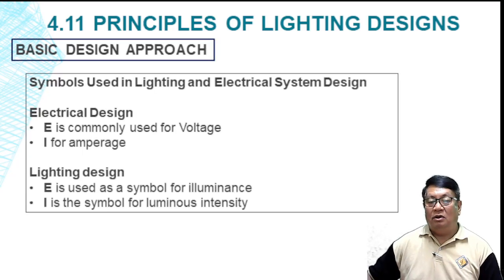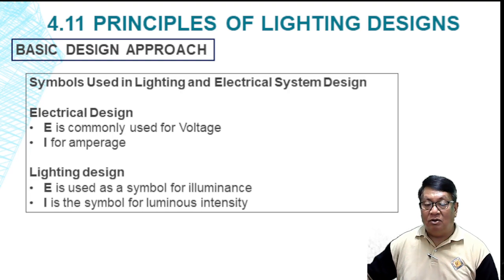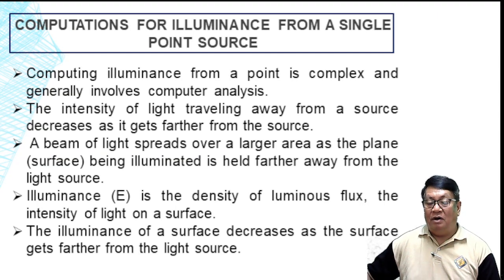Okay, so anyway, just try to use these principles, no? So we have symbols used in lighting and electrical system design. So in electrical design, E is commonly used for voltage and I for the current in amperes. In lighting design, E is used as the symbol for illuminance. I is also used as the symbol for luminous intensity. Okay. So how are you going to compute illuminance from a single point source? Computing illuminance from a point source is complex and generally involves computer analysis.